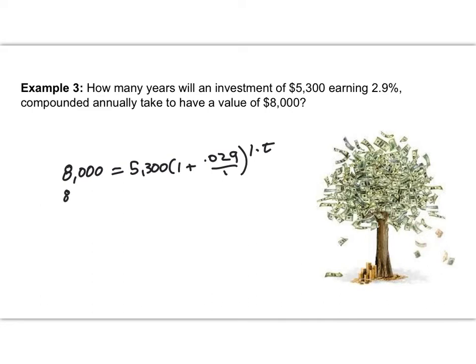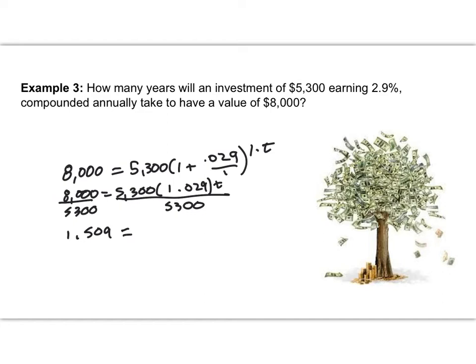All right, let's simplify that. We have 8,000 equals 5,300 times 1.029 to the t. And then I'm going to divide both sides by 5,300. When I do that, I actually end up with an ugly number, 1.509-ish.